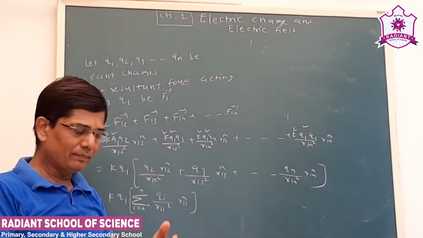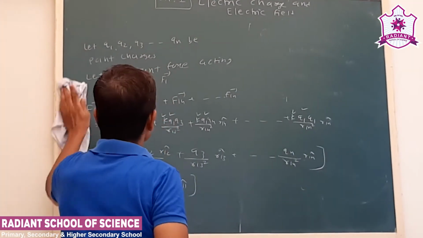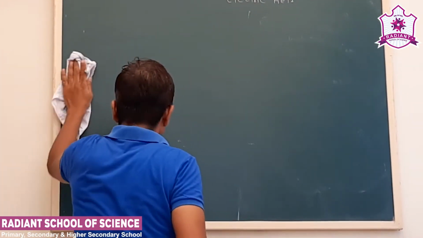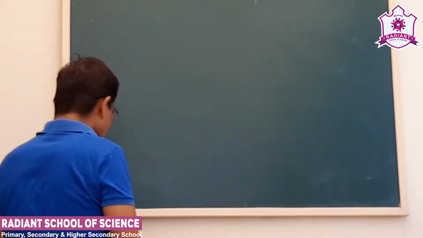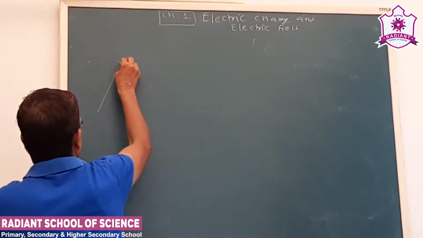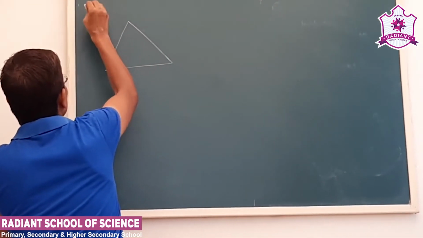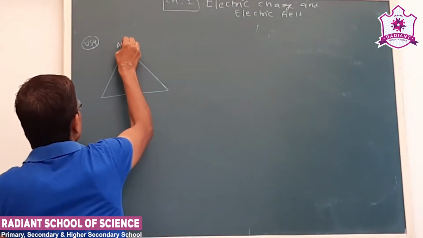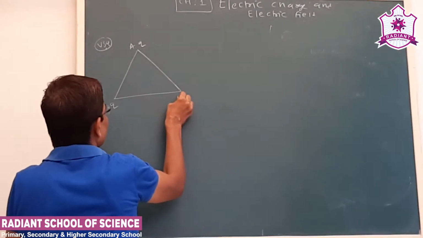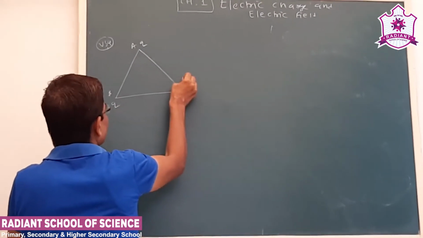Now, this is about the principle of superposition. Now we can take some simple examples based on this. We take a simple system of charges. Let us say we have got an equilateral triangle. See, this can be asked in VSQ or MCQ. Now, let us say Q charge is kept on each vertex of the equilateral triangle.